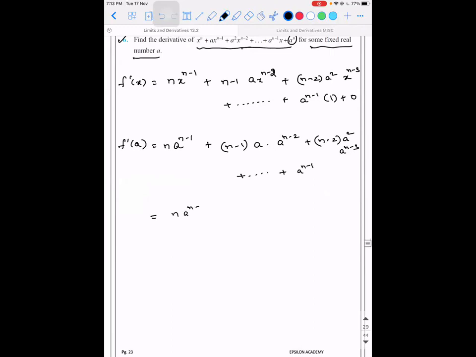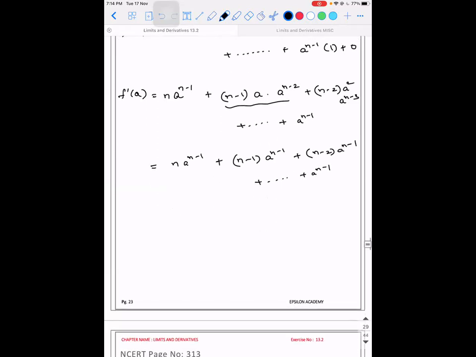So this will be n into a power n minus 1 plus n minus 1 into a power n minus 1 plus n minus 2 into a power n minus 1 plus so on till a power n minus 1. Right? So take out that a power n minus 1, you will get n plus n minus 1 plus n minus 2 plus so on till 1.